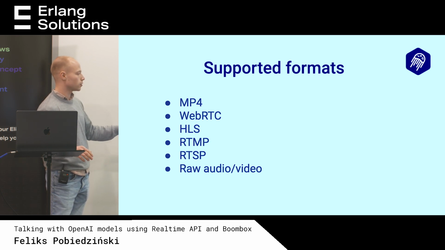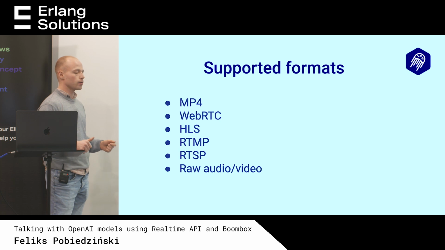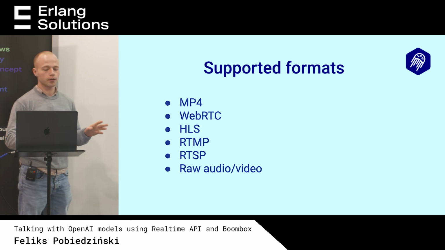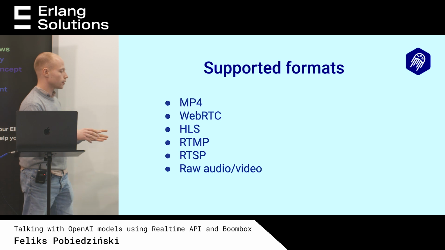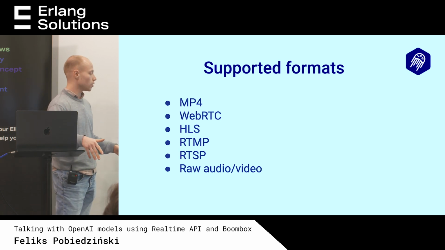All these formats, MP4 and the following, are available in the Elixir API and in the CLI, because Boombox has a CLI as well. We also support raw audio and video, but only in the Elixir API. So basically you can, for example, take MP4, and Boombox allows you to inject multimedia into your Elixir code.